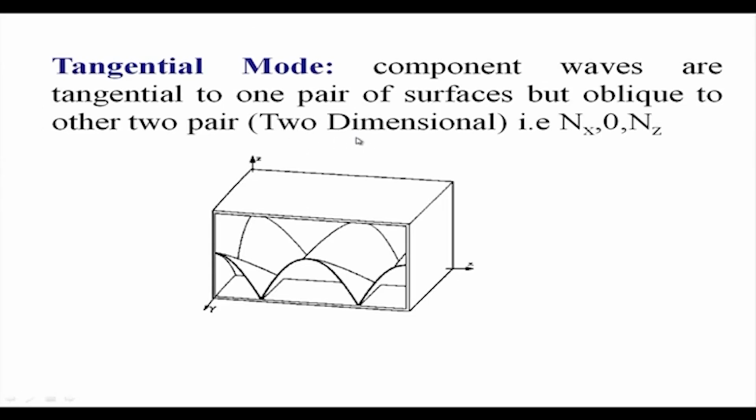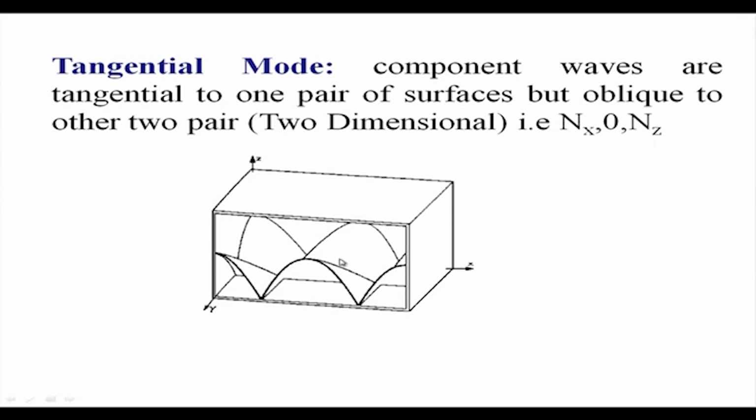Then there is the tangential mode. The component waves are tangential to one pair of surfaces, but oblique to the other pair, that is called two dimensional. So, it is parallel to one pair of surfaces, but oblique to the other pair.